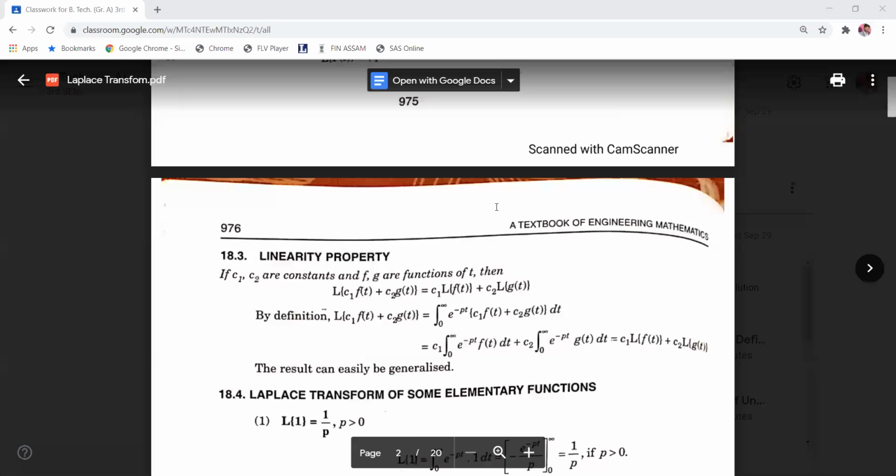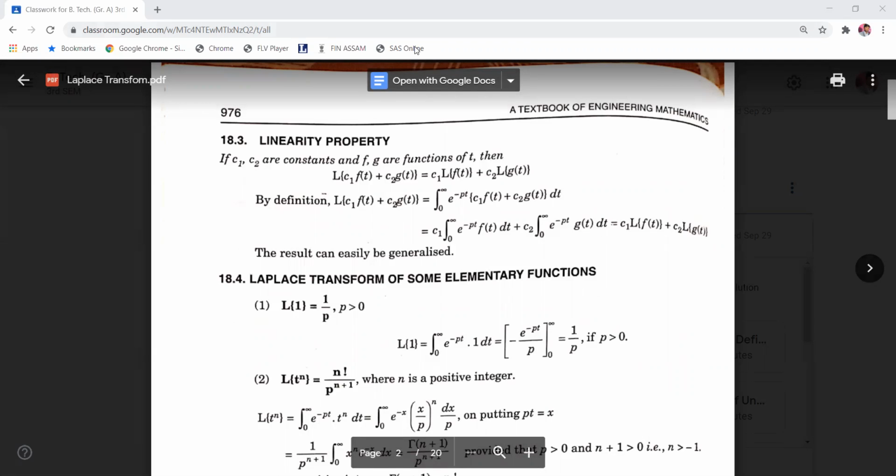Now see the linearity property. Obviously you know that part. That is just similar to your integration or differentiation part. Suppose you have this function, C1 into f of t plus C2 into g of t.